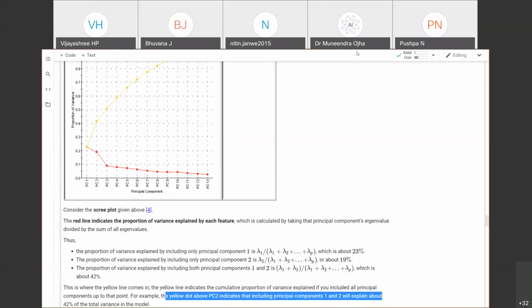If I could annotate, if I just draw this line, the point above PC2 is somewhere up to 42%. So it explains 42% of variance.